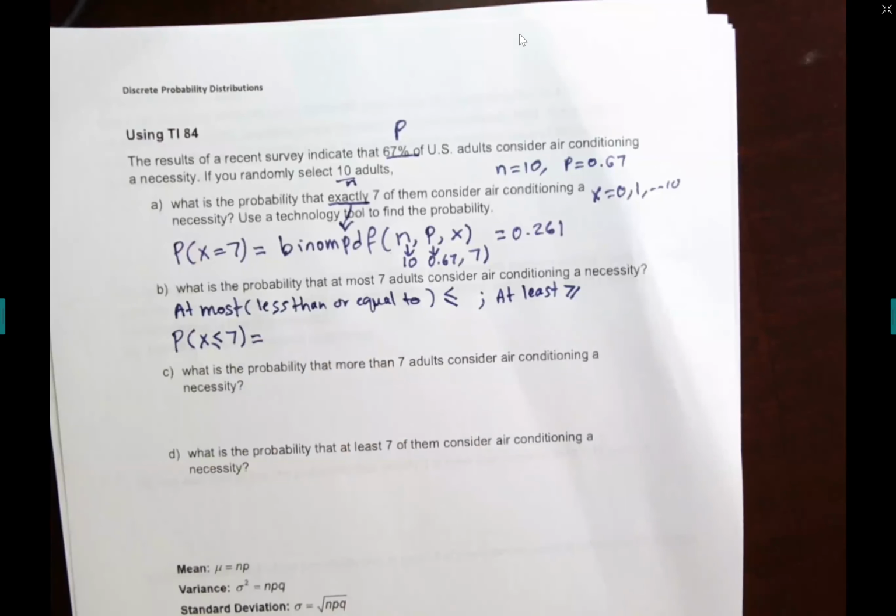What does at most 7 adults mean? It could be 7, it could be 6, less than or equal to 7. 7 or 6 or 5 or 4 or 3 or 2 or 1 or 0. Does anyone have an idea how to find this one?